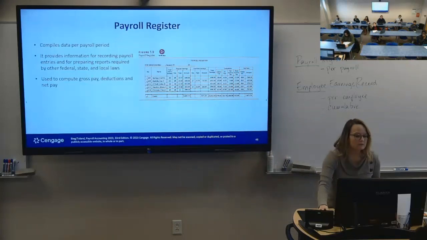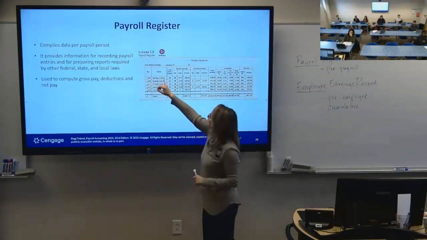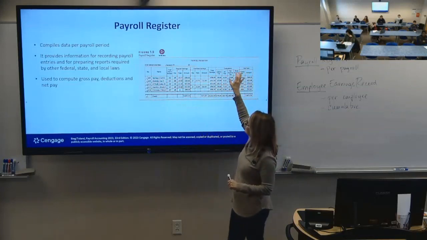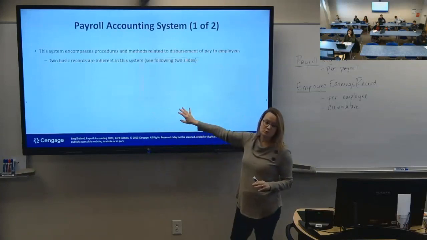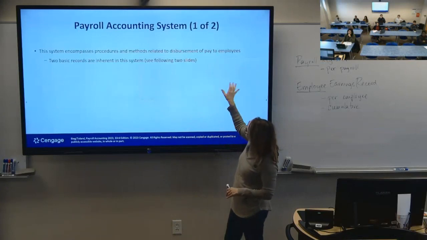I probably can make it bigger, but I'm not going to mess around with it. So each line has information about individual employees, but in total we have information about all the employees that were paid during this pay period.